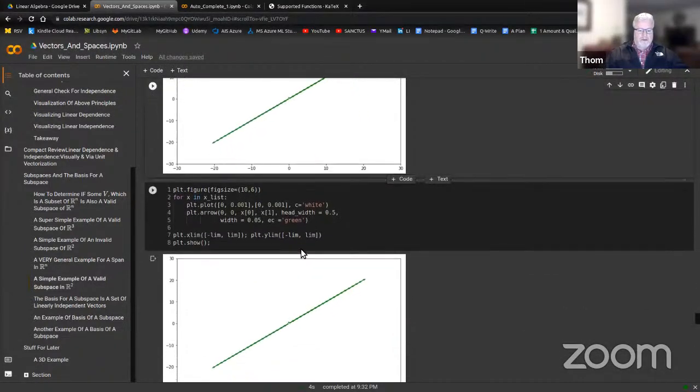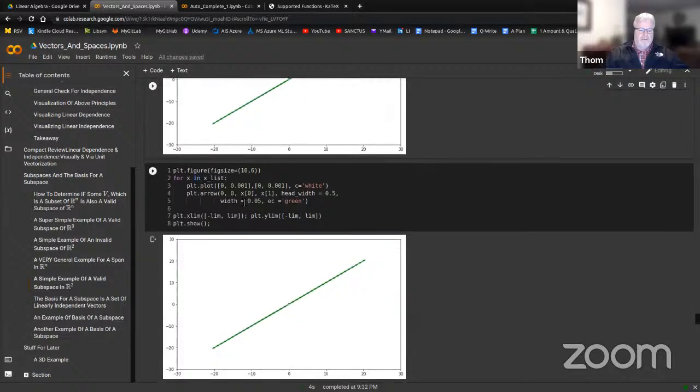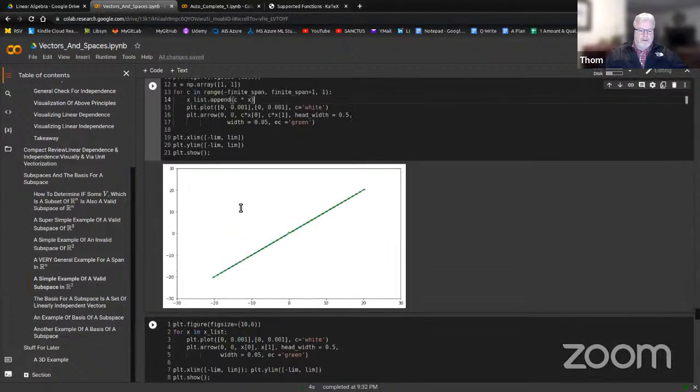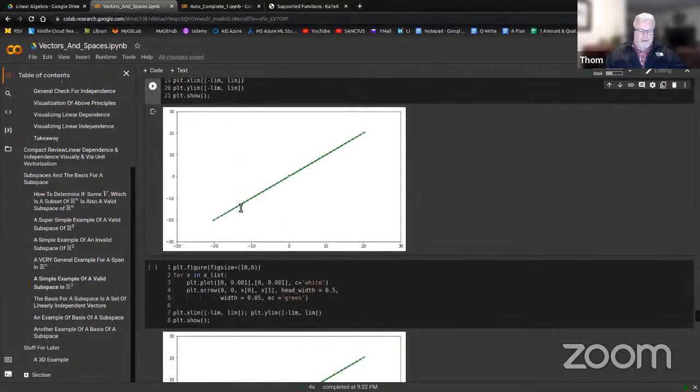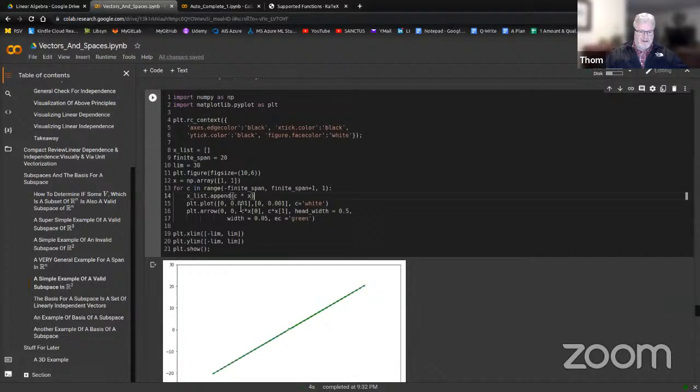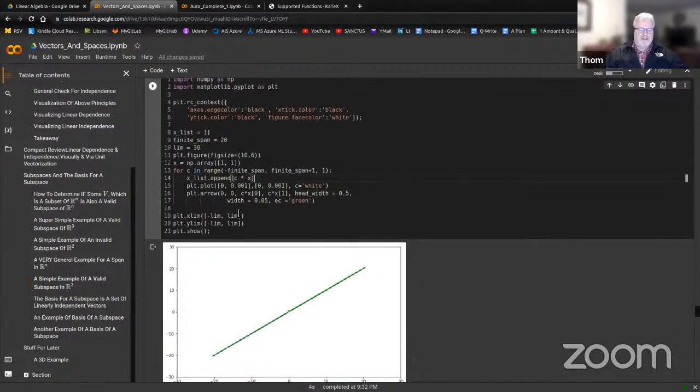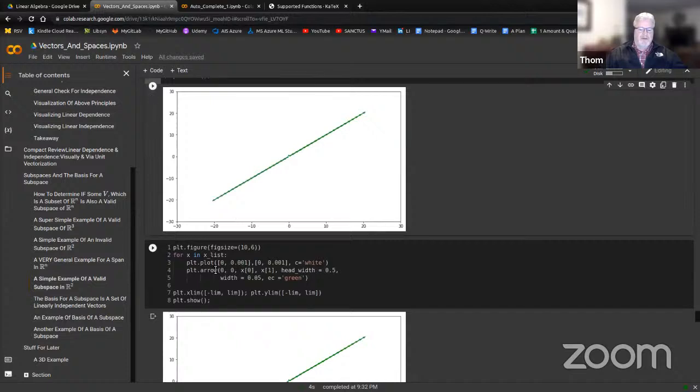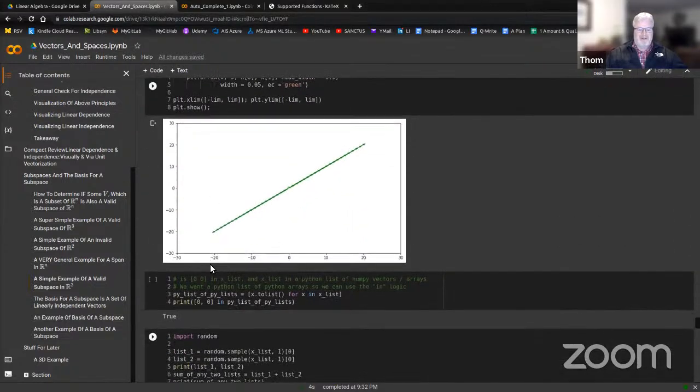Now, what are we doing here? Let me remind myself what we're doing there. Okay, just validating that my saving of X list is reusable. That's all I was doing. Too simple.